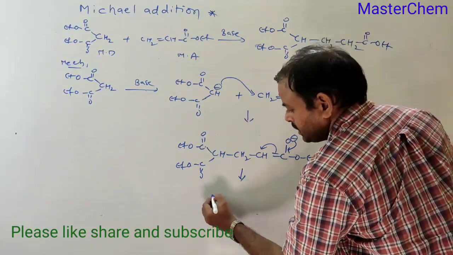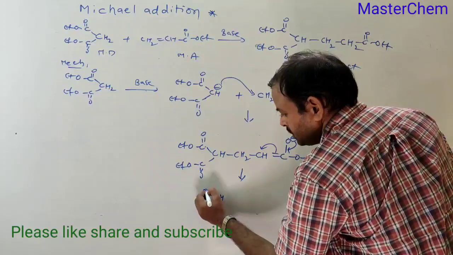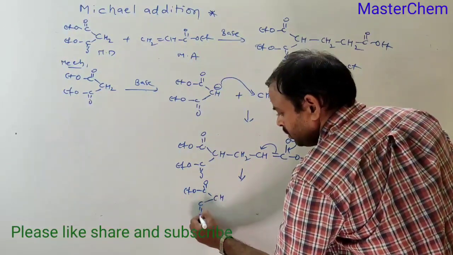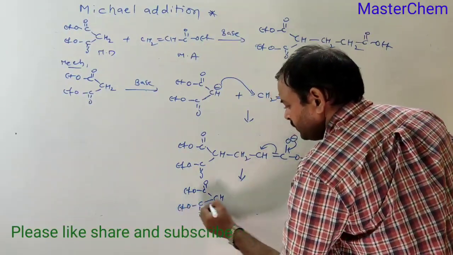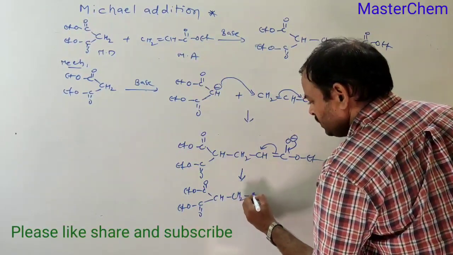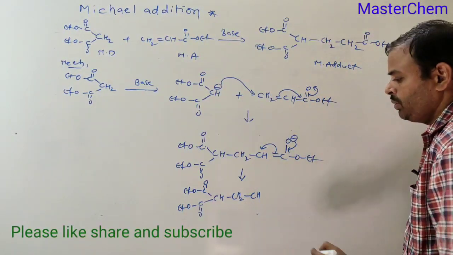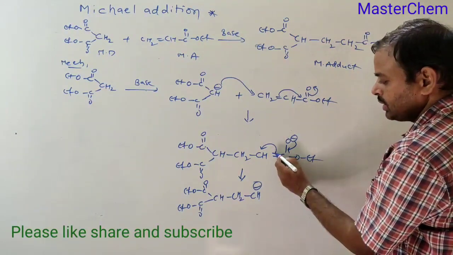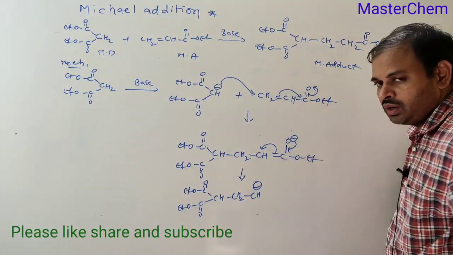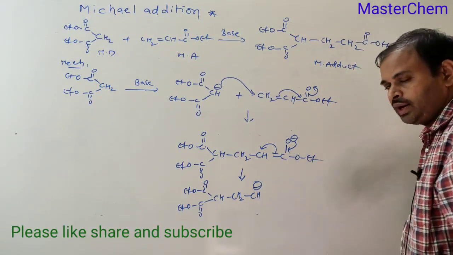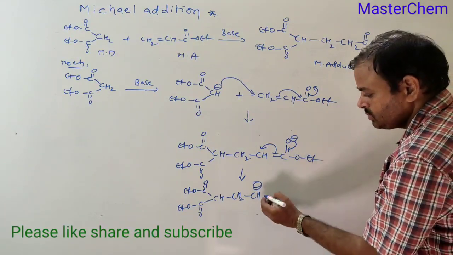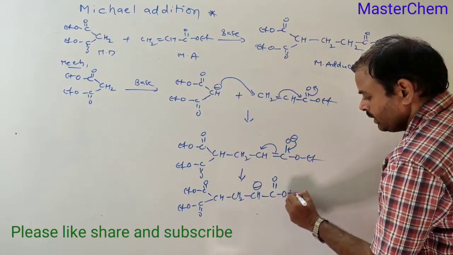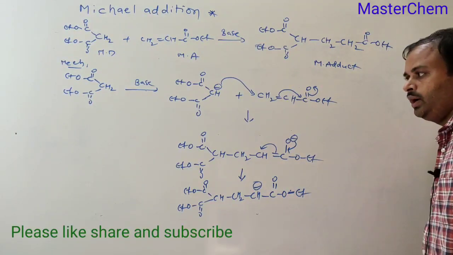So this part is the same, CH, CO, OEt, C double bond O, OEt, CH2, CH minus, because this electron pair is now on carbon. That's why it has one extra electron and gets a negative charge, with C double bond O, OEt.